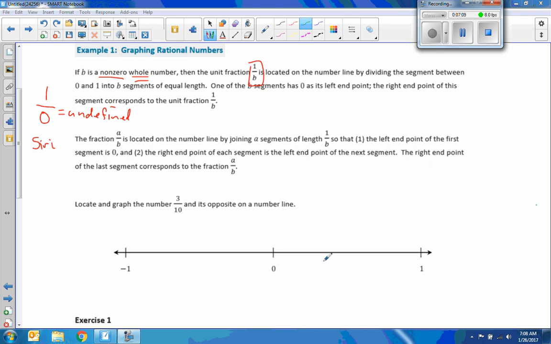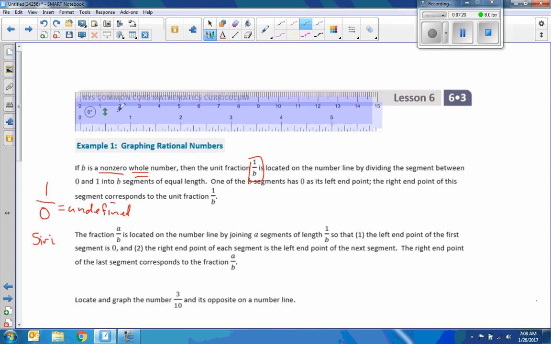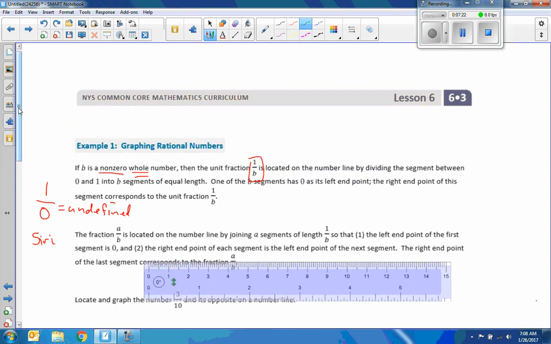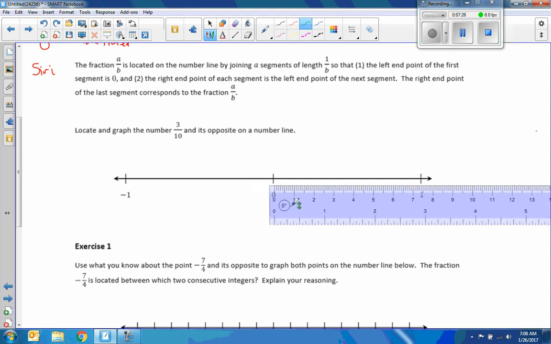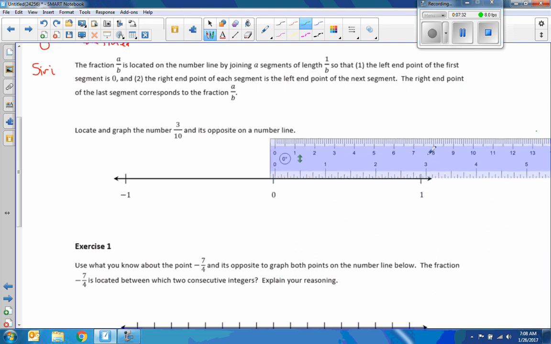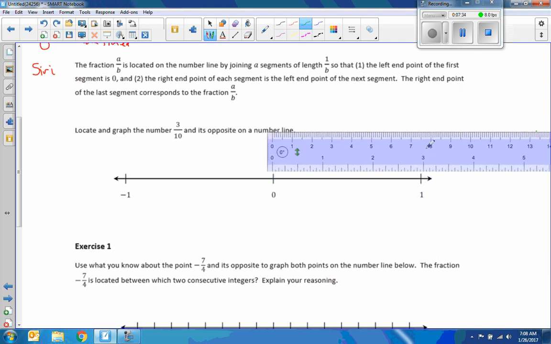Okay, so I'm going to break this down into 10 congruent pieces. I'm going to cheat a little, and use a ruler, so I can do it accurately. They didn't really make it easy for me, did they?